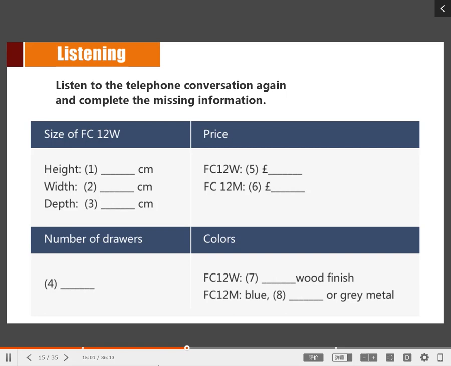And what about the FC12M? It's the same size. The difference is that the FC12W is made of wood and the FC12M is made of metal. W for wood, M for metal. I see. So you haven't got one in plastic? No. Only wood and metal.